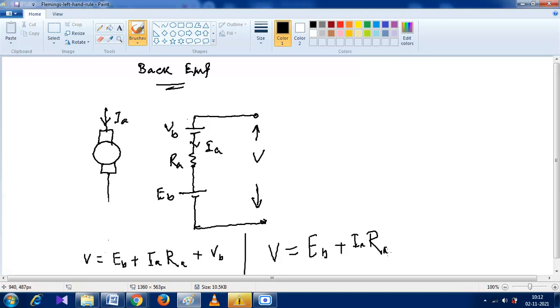Actually, in a DC motor, what are we doing? We are creating a magnetic field, and we rotate a conductor, or say the armature, in that magnetic field. What will happen after creating the magnetic field, if we rotate the armature?